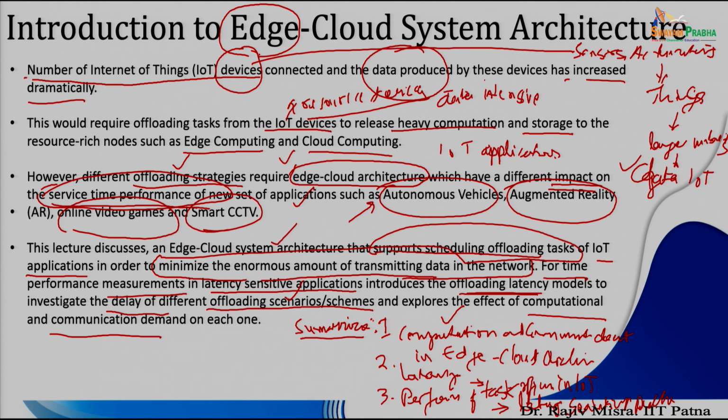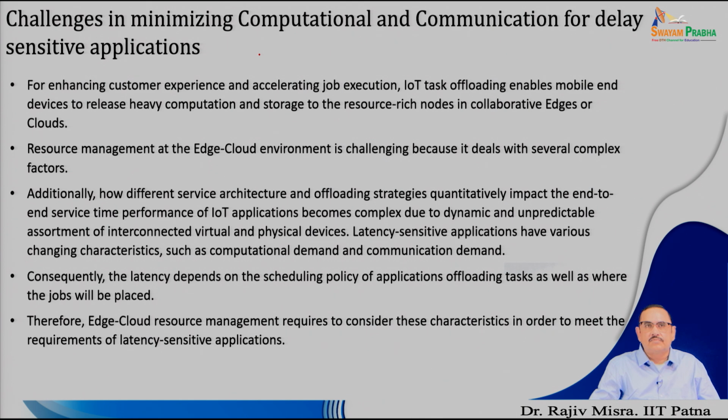And so, around that we are going to express this architecture called edge cloud system architecture and develop the scheduling policies, mechanisms and framework, so that we can understand through the latency model whether this scheduling or task offloading for an IoT device will satisfy the application requirements of latency sensitivity. So, all these things are going to be covered in this part of the lecture.